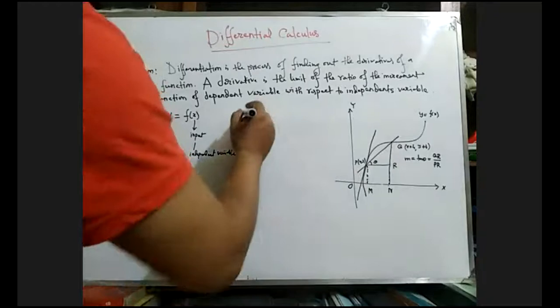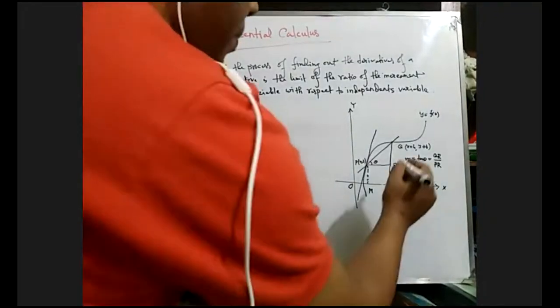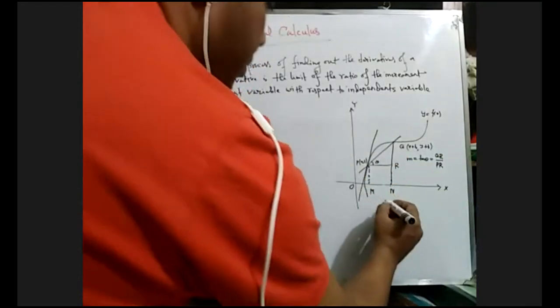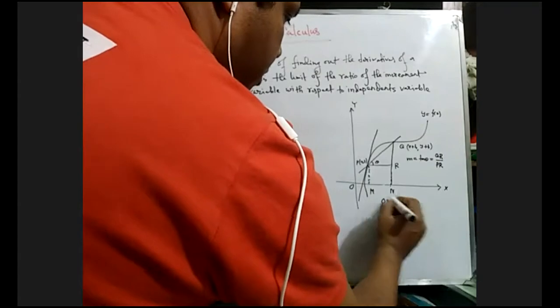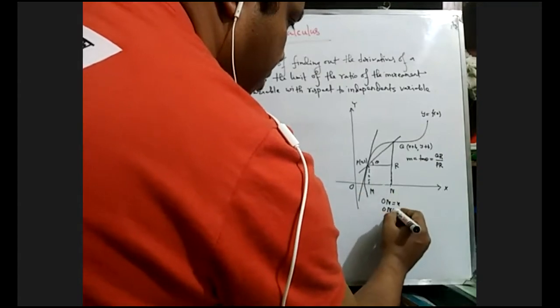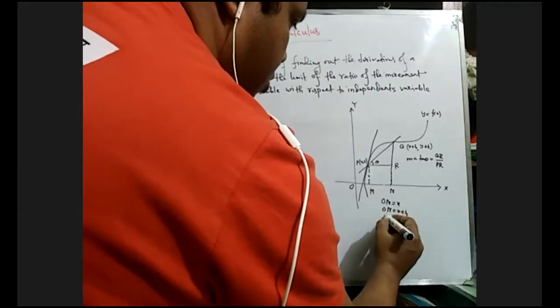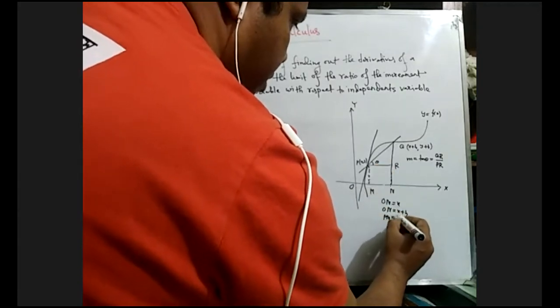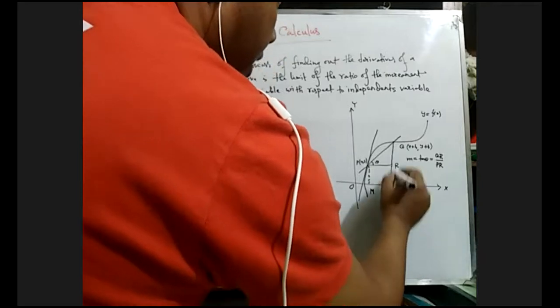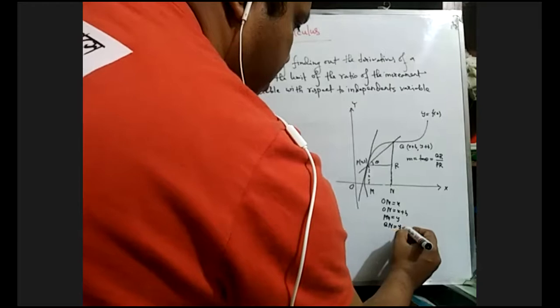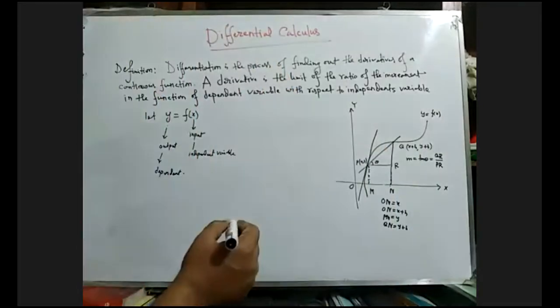So slope m equals, you must know OM equals x, ON equals x plus a. So PM equals y, and QN equals y plus a after the increment.